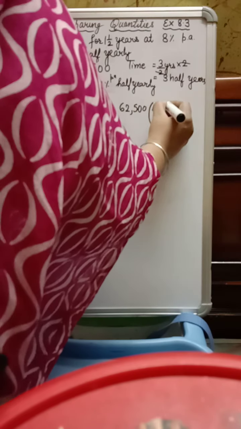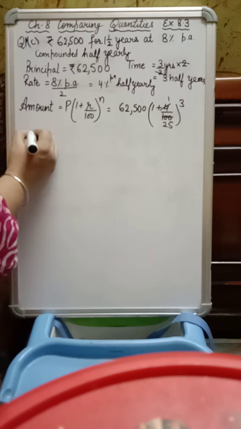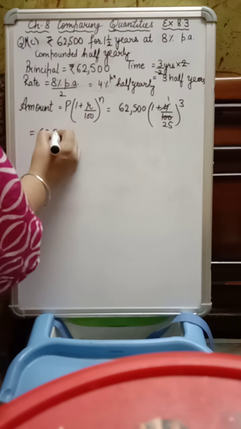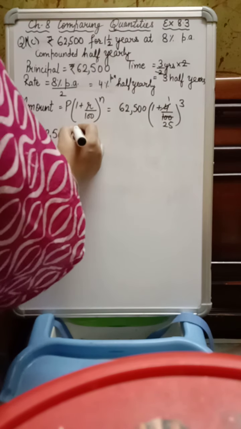Now your principal is 62,500, your rate is 4% and your time is 3. 4 ones are 4, 4 twos are 8, so this is 62,500 into 26 by 25 raised to power 3.